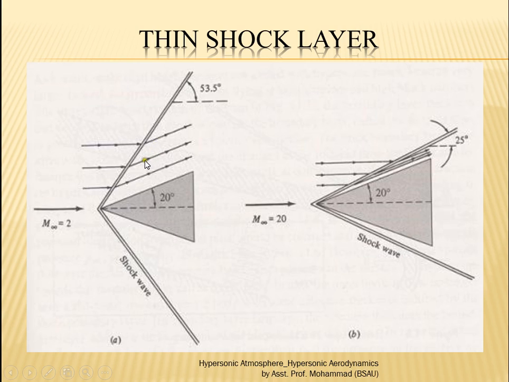Now as the Mach number increases, here we have taken an example from Mach number 2 to Mach number 20 for the same deflection angle. As the Mach number increases, the wave angle, which is initially 53.5 degrees, becomes very low, something like 25 degrees, and the shock starts tilting towards the solid surface, and in this case this region becomes further thin, further very small.